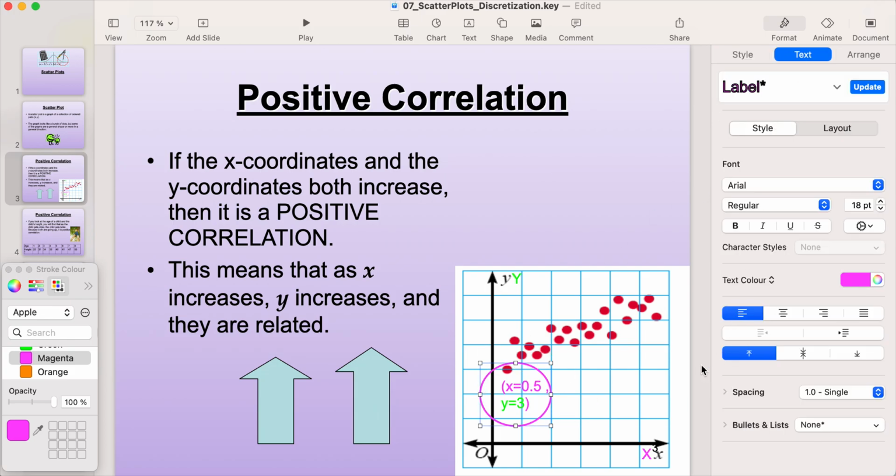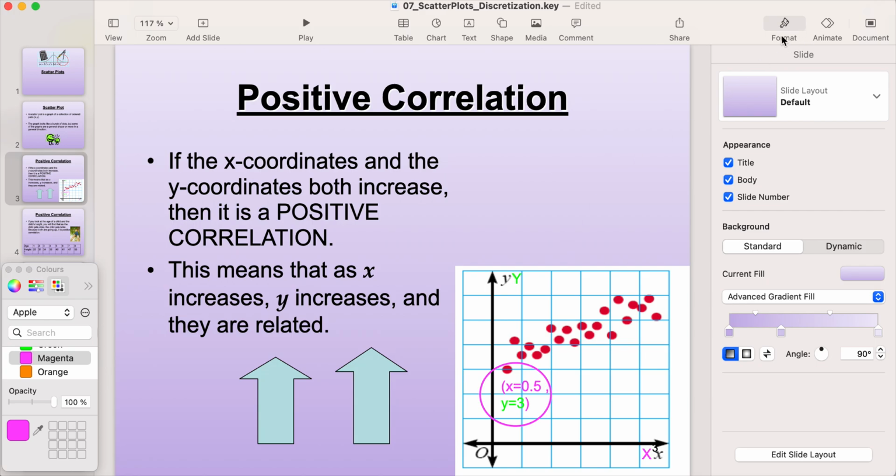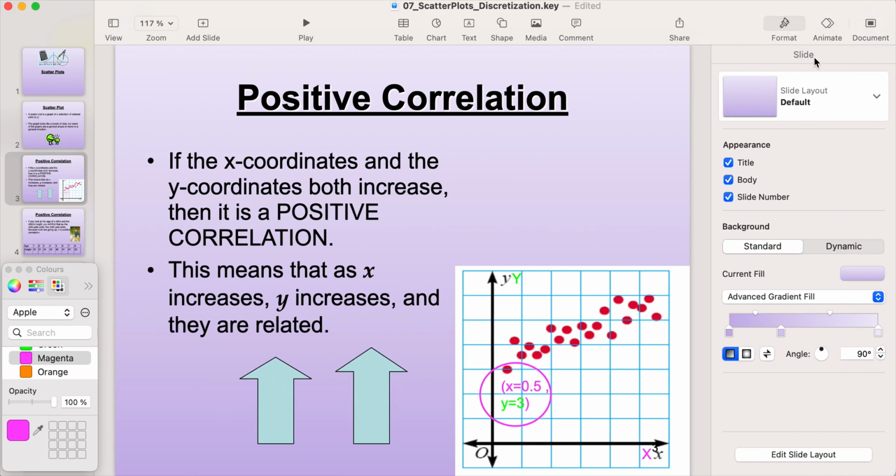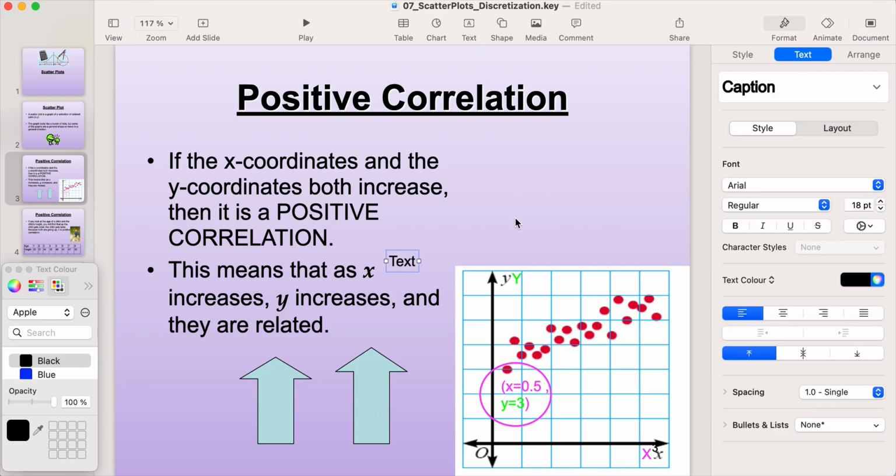Okay, let me just write down the numbers here.